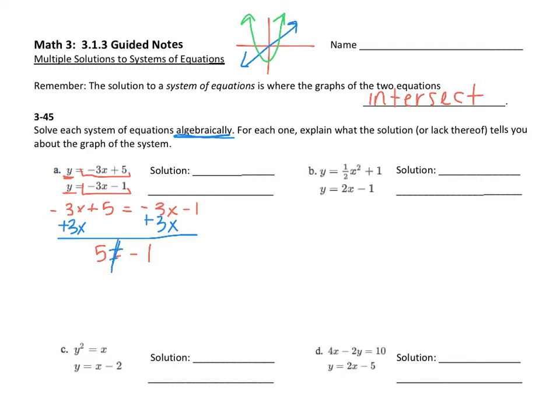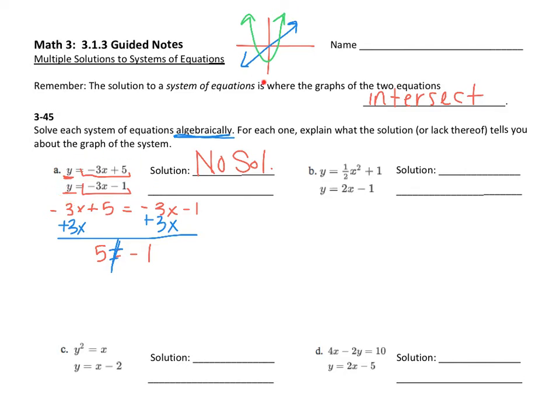Not true, not equal. So what does this mean about our solution? There is no solution to this system. So what does that mean about the graph of the system, meaning both of these graphs at once?